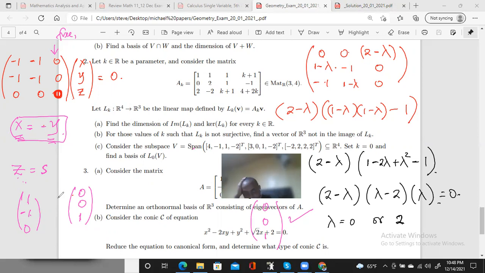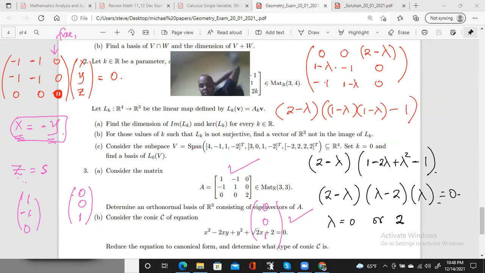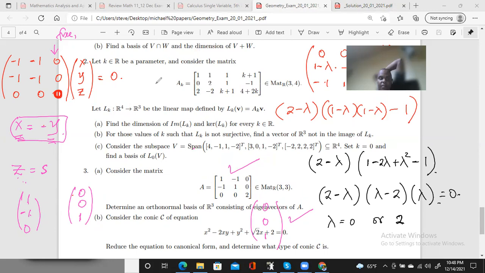Determine an orthonormal basis of R3 consisting of eigenvectors of A. It would be, oh, where's the other one? The other basis? There's a basis missing, the basis that was related to 0. What was it? It was 1, 1, 0.